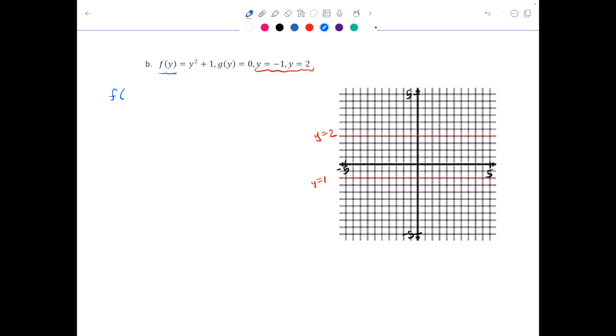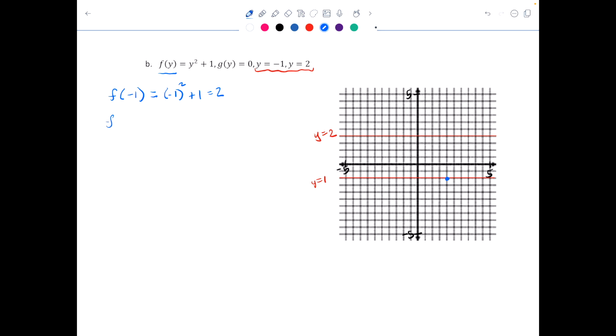If I put in -1 for y, I will get -1 squared plus 1, which will end up being 2. So that means I'm going to have the ordered pair 2, -1, because it's that sideways one.